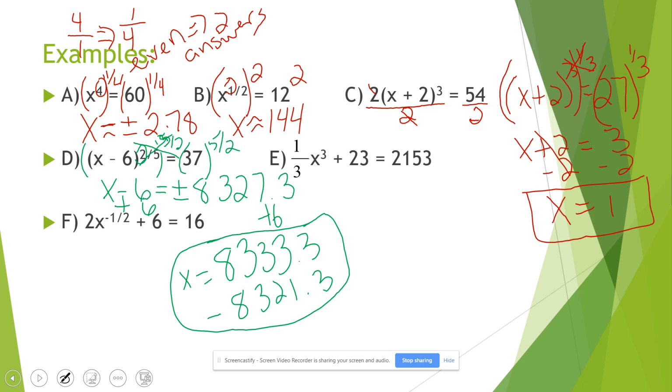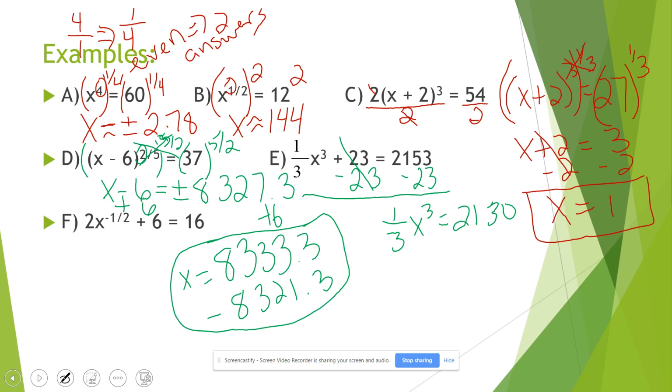Example E. Let's see, I'm multiplying by a third. I have an exponent of 3, and then I'm adding 23. So to work backwards, I'm going to start with subtracting 23. So I have 1/3, x to the third is equal to 2130. 1 divided by 3.